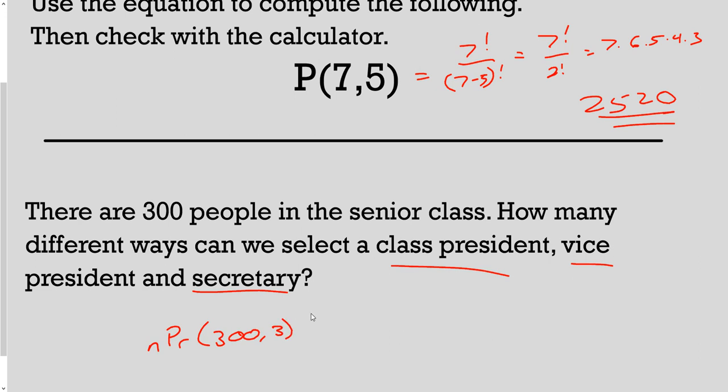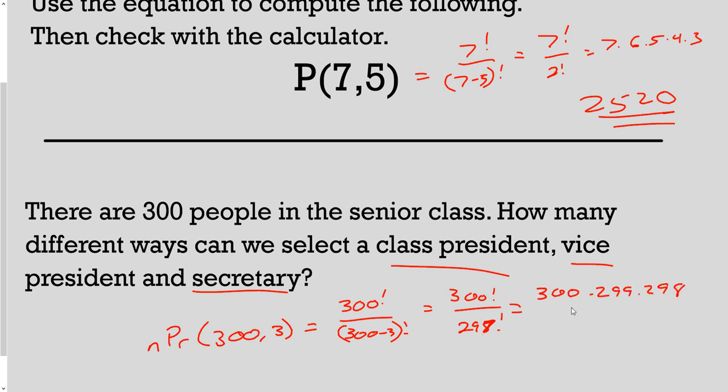Okay, so in the formula, that's 300 factorial over 300 minus 3 factorial, or 300 factorial over 297 factorial, which means it's really only 300 times 299 times 298, right? Because 297 and down are gone.